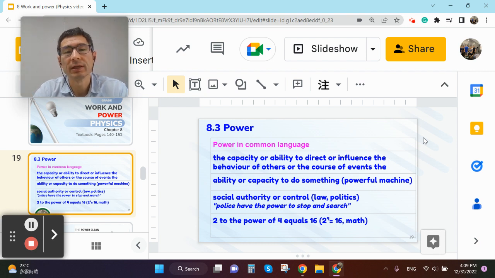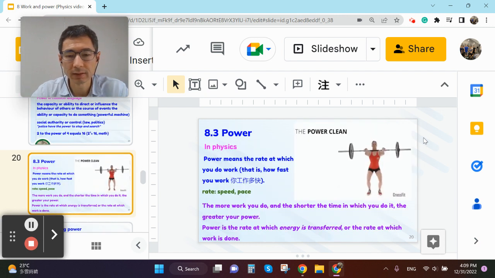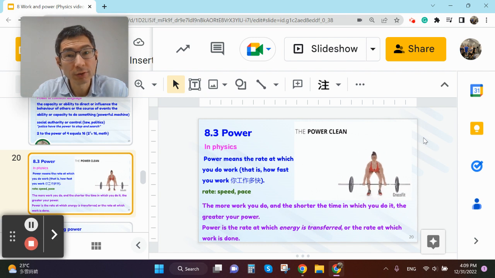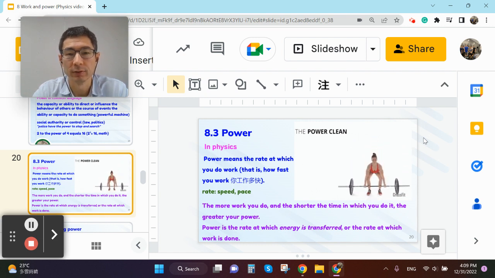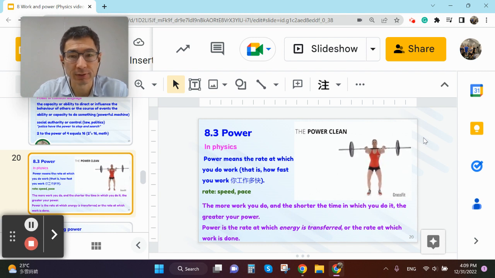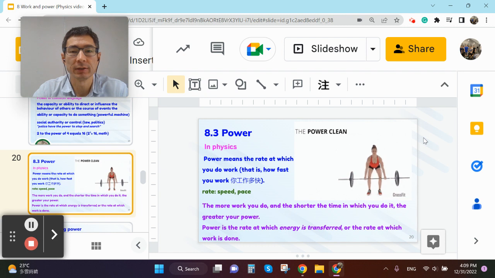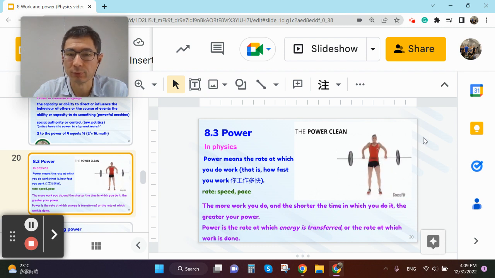But in physics, again, there is a specific definition. In physics, it means you do work, but how fast you can do work. So it is the rate at which you do the work. The rate means how fast you can do the work, how short a time you can do the work in.